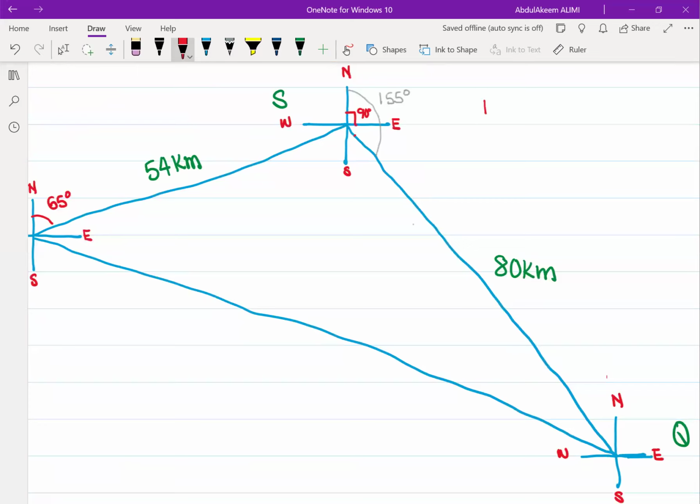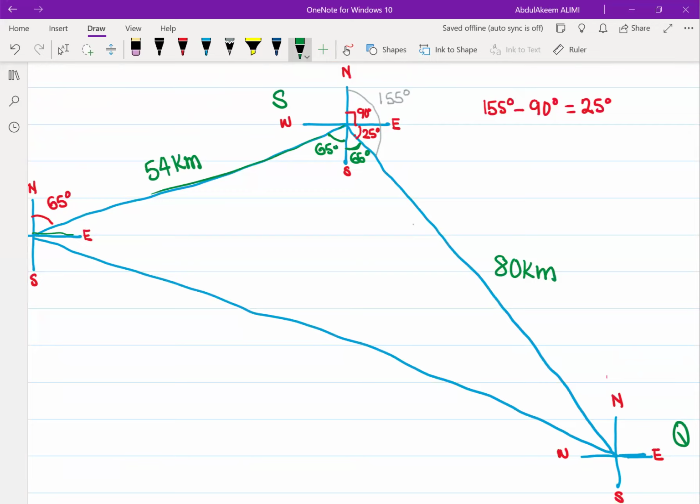That will be 155 degrees minus 90 degrees, which gives 25 degrees. We also know that each quadrant is 90, so 90 minus 25 will give me 65 degrees here. And this one will also be 65.